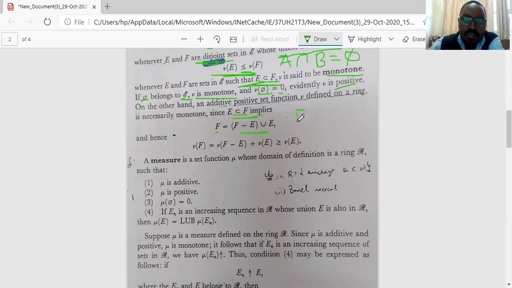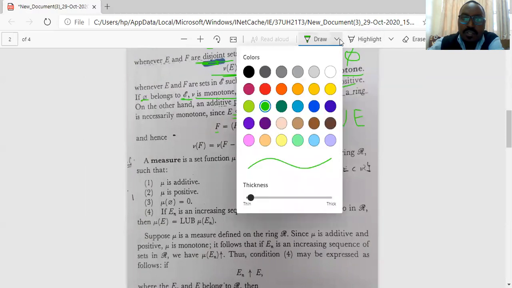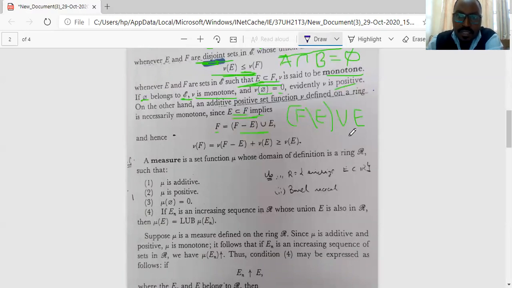Some books will write it as F minus E, and then you union with E again. You are subtracting whatever was in E, then adding back that which was in E. So you add that which was not contained, and hence we can talk of this.